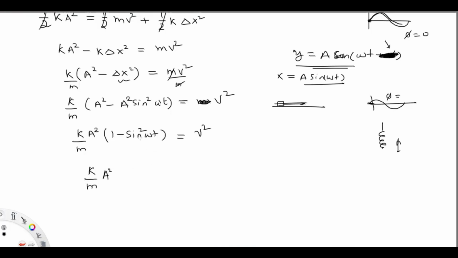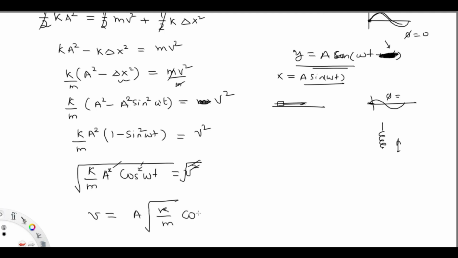So 1 minus sine squared theta is cosine squared theta, cosine squared omega t. Now let's take the square root on both sides. The square and square root cancel, so we get v is equal to A square root of k over m cosine omega t.